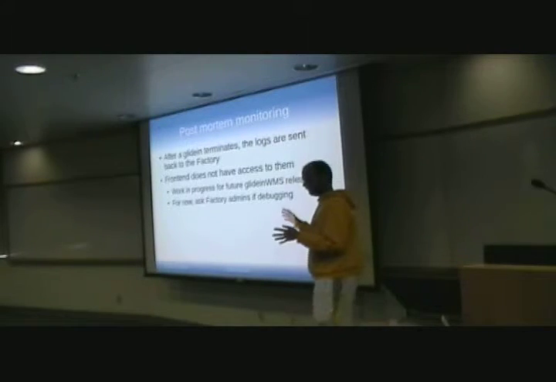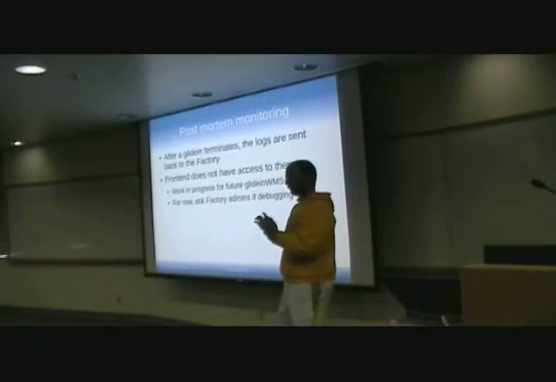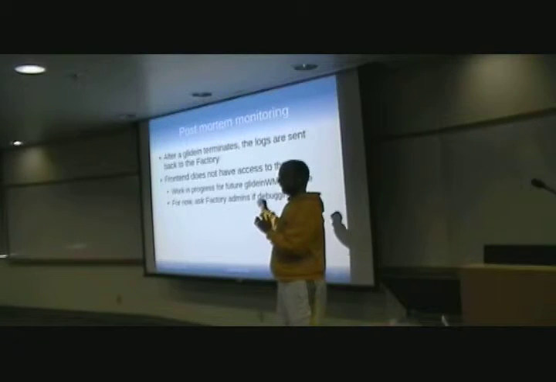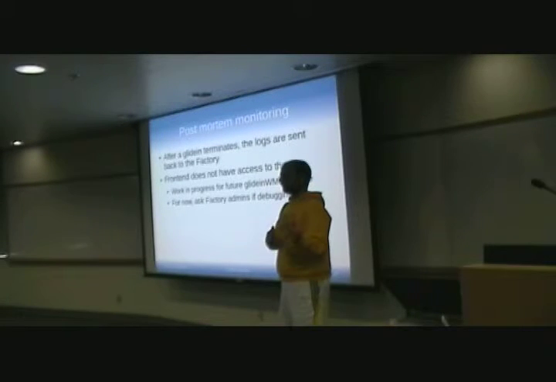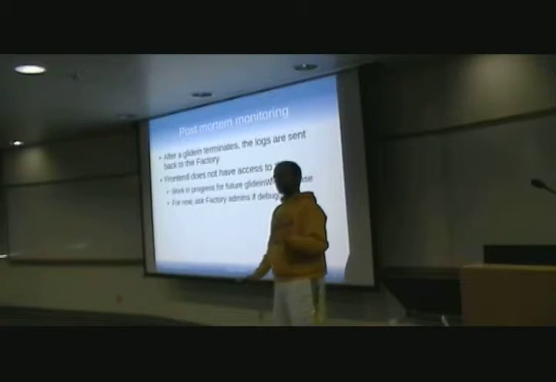And that process information, together with the complete Condor logs, which by the way get compressed so they consume less space but are still there, get shipped to the factory through Condor-G. And nothing gets to the front end. There is, as I said, work in progress that we may propagate something to the front end. Right now there is zero, absolutely nothing.